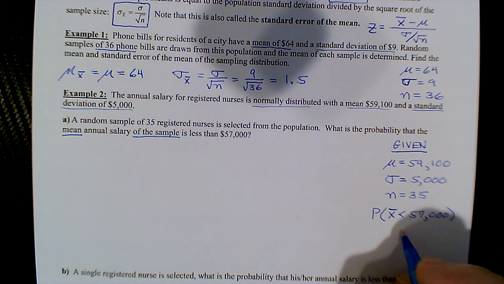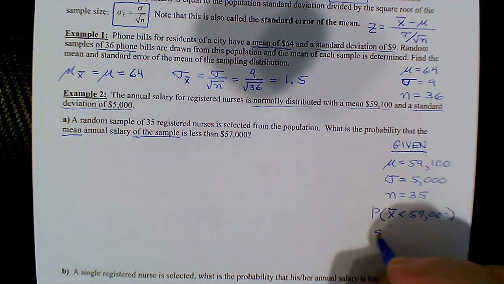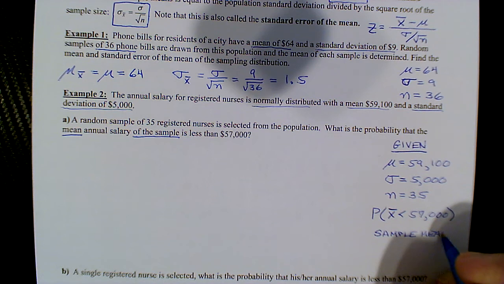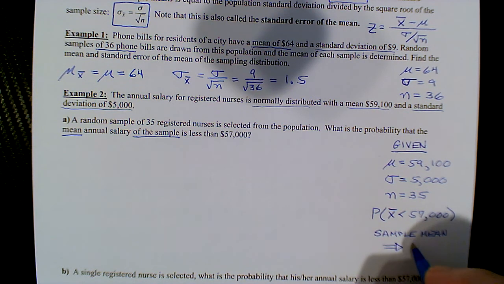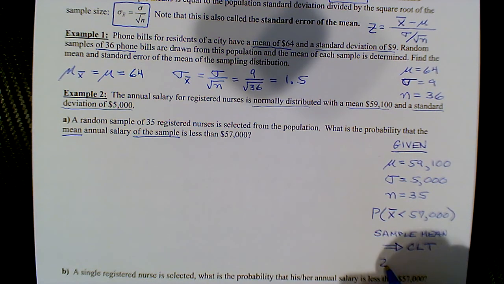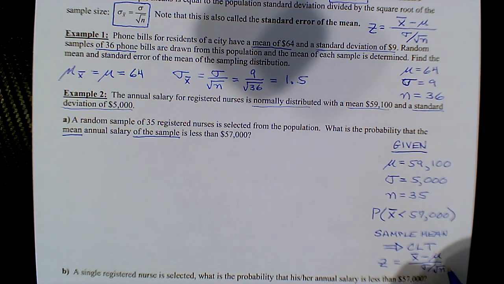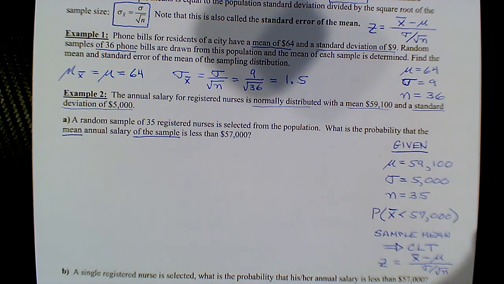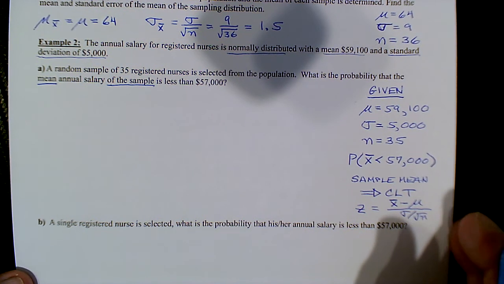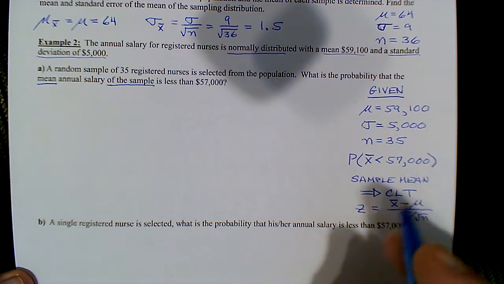And if we're talking about the mean of the sample, then we're going to use the central limit theorem. And our z-score formula is going to be x bar minus mu over sigma divided by the square root of n. Okay, so that's very important to understand what z-score formula we need to use, and it's simple enough, the fact we're talking about the mean of the sample.